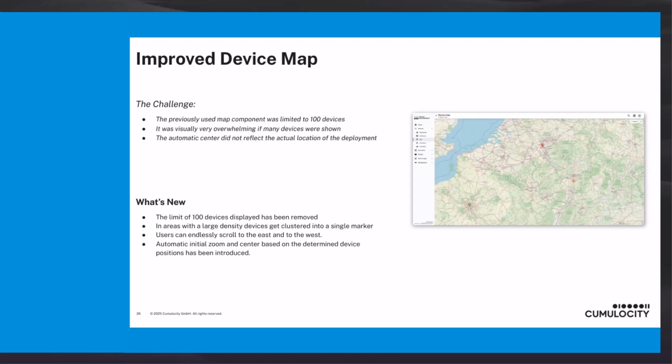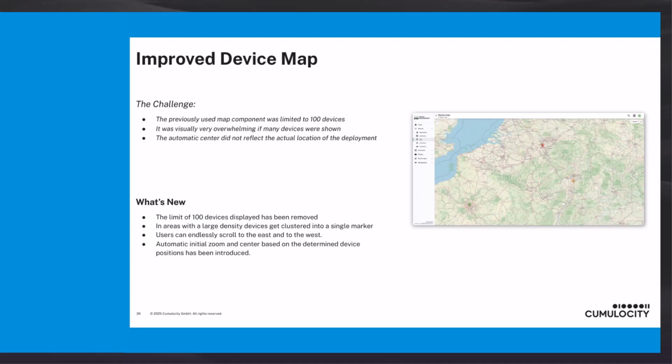And even with 100 devices on that map, especially with dense deployments, it's quite overwhelming visually, and you also weren't able to change the default center of the map. All of that has been addressed now. So we overcame the limitation of the number of devices. You can define your own center. So if you have a deployment in Australia, you don't need to start in Germany.